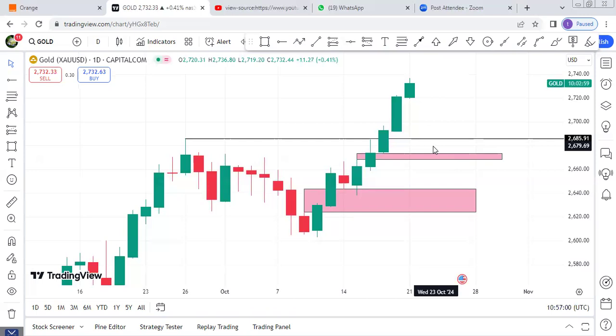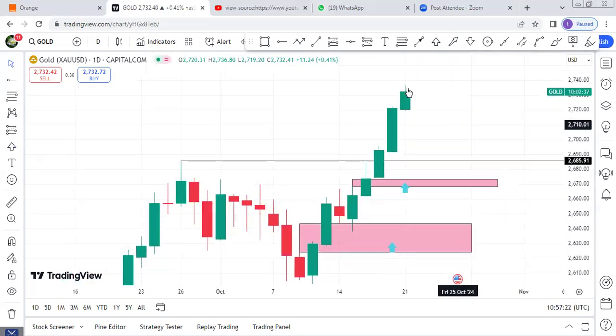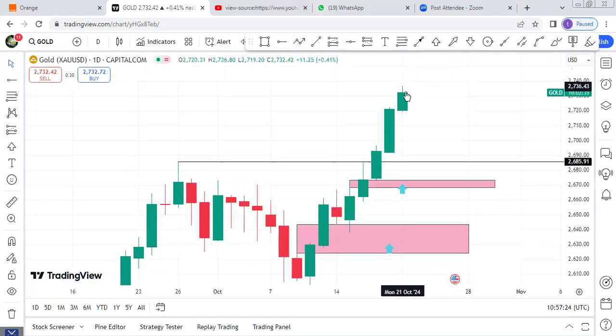So now, since it's a high time frame, we have to look at the small time frame and see what we have there that is a confirmation to be selling to this zone here and this zone here as well. So we want to find a confirmation on the daily candle that will be able to pull this market from this level to this zone here and that zone there.